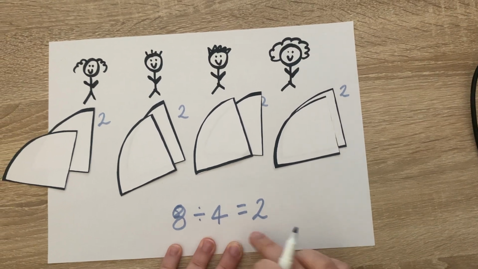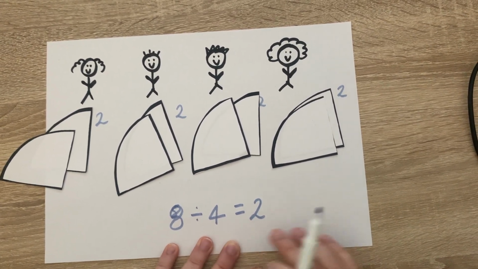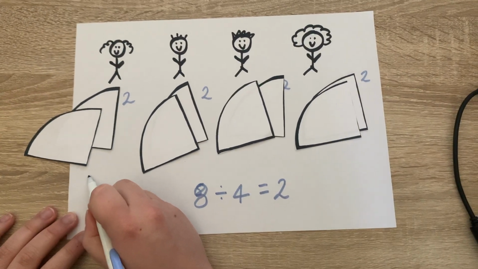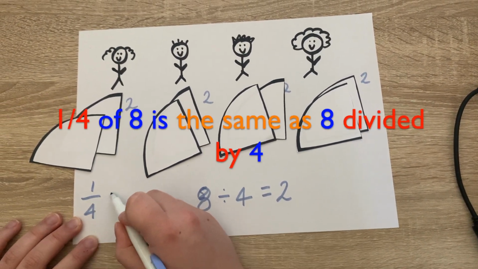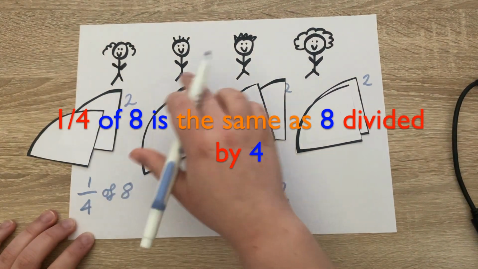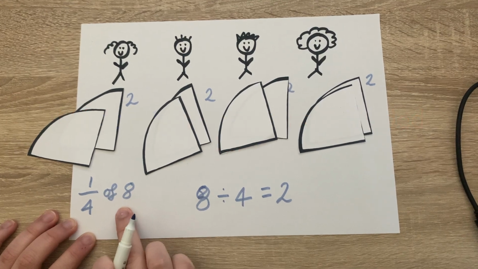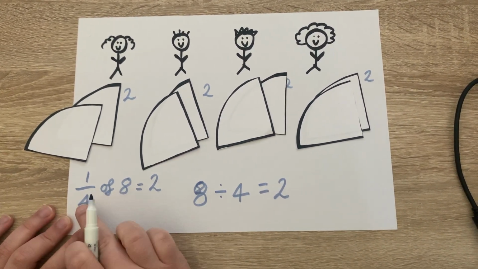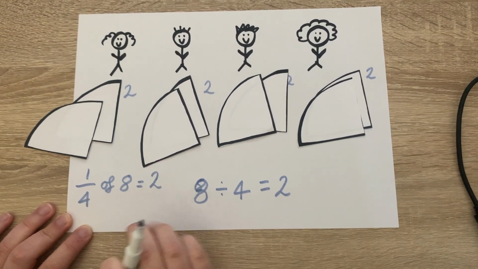So 8 divided by 4 is the same as 2. We could also write that as 1/4 of 8, because there were 4 people and 8 pieces of pizza, and each person got 2. So 1/4 of 8 is equal to 2.